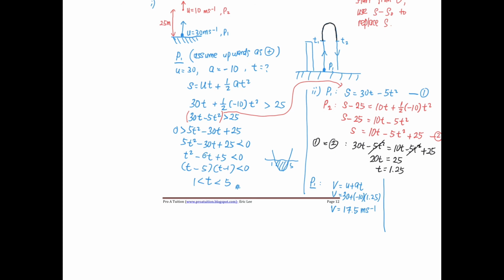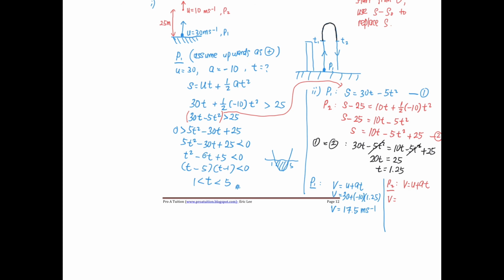So for P2, let's say I use v equal to u plus at again. Like what I mentioned before, this formula has no displacement. So the s minus 25 is not affecting here. So we just do it like usual.